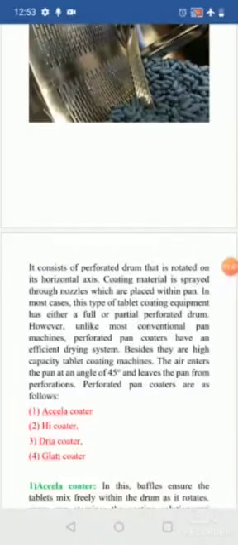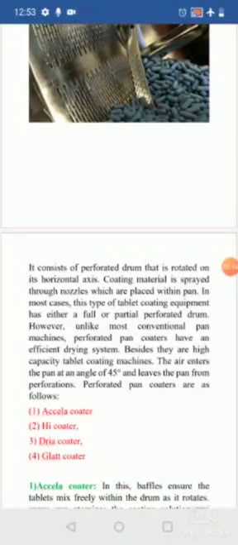Besides, they are high capacity coating machines compared to the conventional coating pan, so you can easily coat the tablets and you can coat a larger amount of tablets using the perforated coating pan.